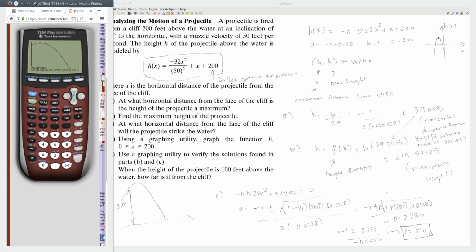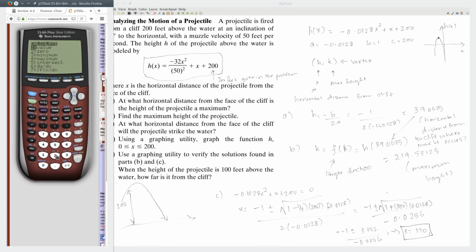That's exactly what we had, the horizontal distance, and the maximum height is 219.53125, and that is exactly what we had. It works perfectly.